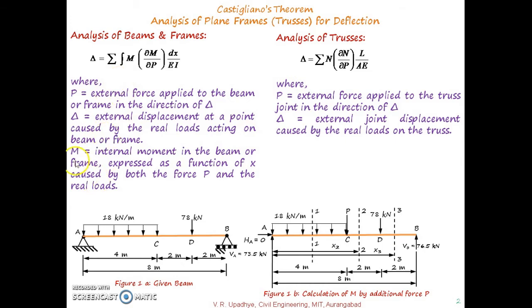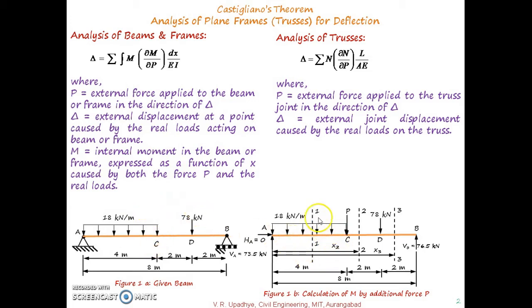In the earlier equation, capital M stands for the internal moment in the beam or frame, expressed as a function of x, that is, related to the position of the section under consideration, caused by both the external real loads and the force P applied at the position where deflection is to be calculated.